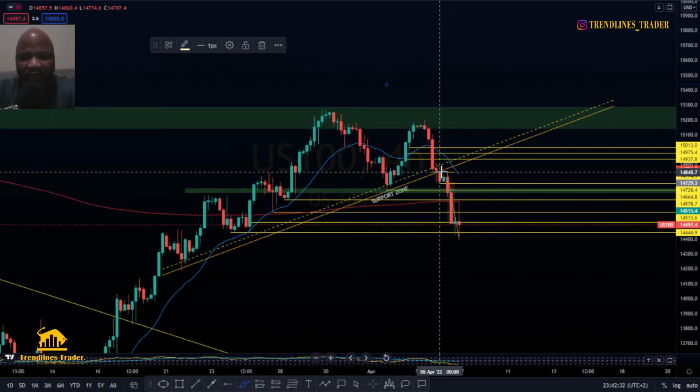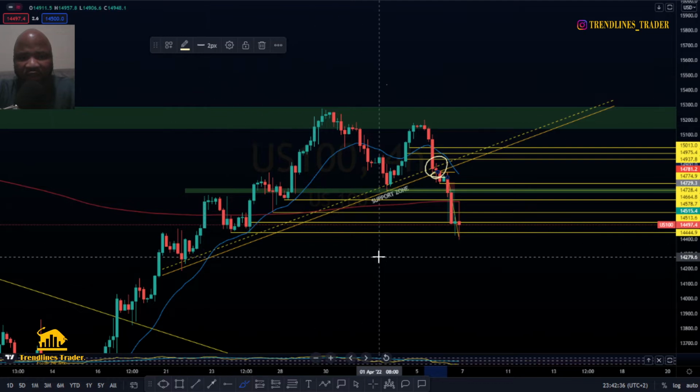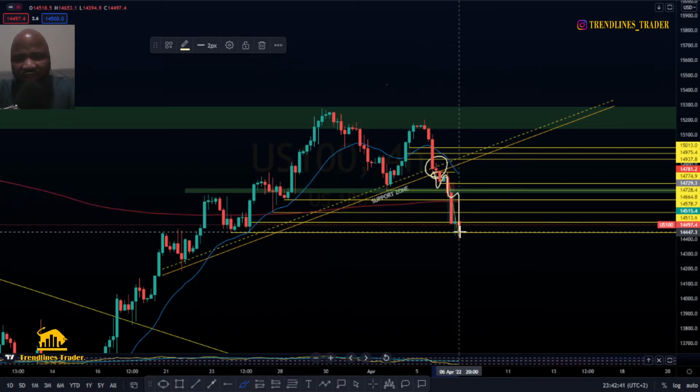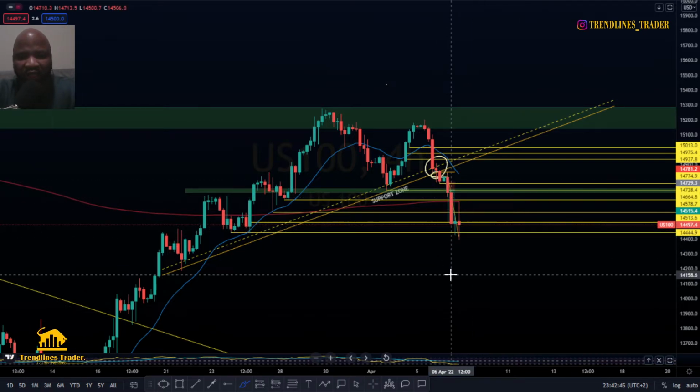Yes, as the price broke out of this area right here, we can see that the price pushed towards the downside to give us this type of structure where we were able to place the selling.